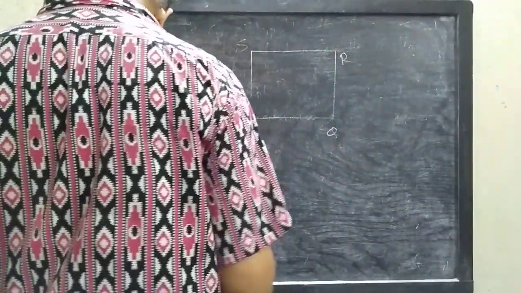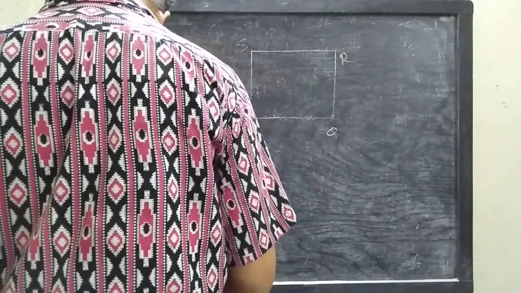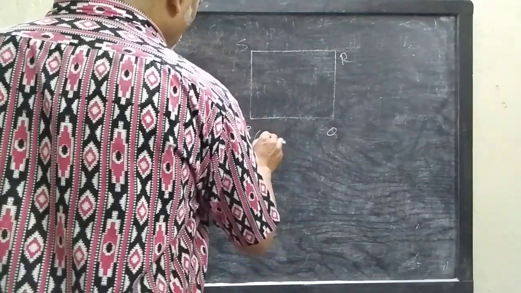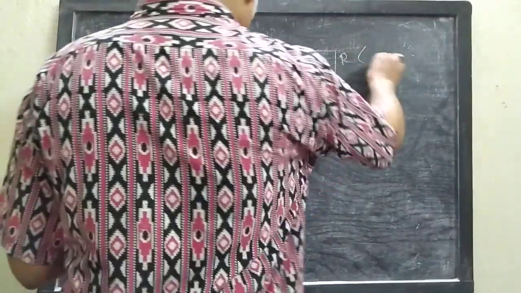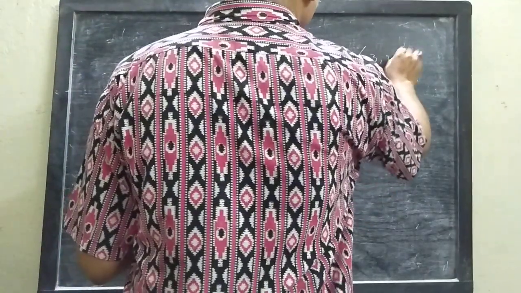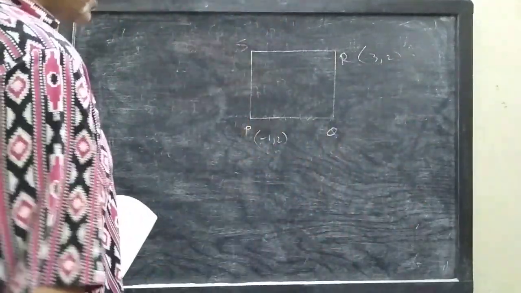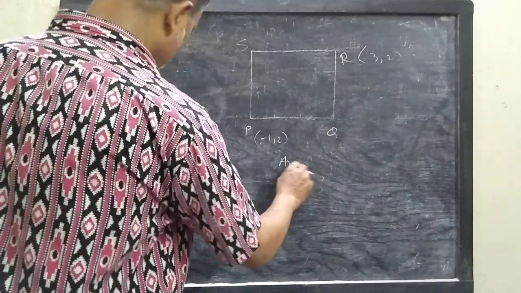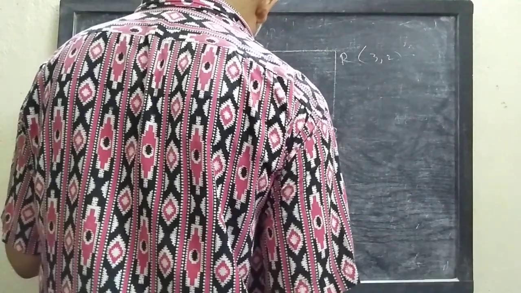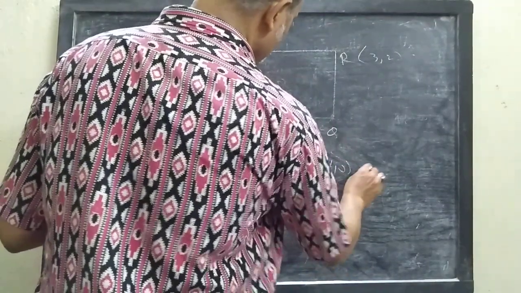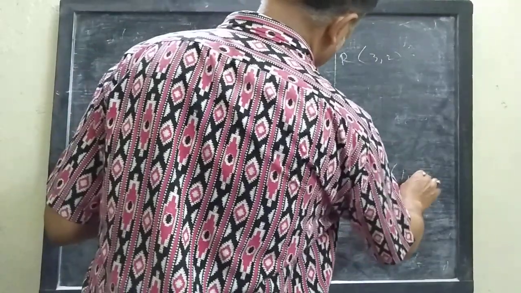You are given two opposite vertices, P is say minus 1, 2, and R is say 3, 2. And you are asked to find the coordinates of the points Q and S. Your answers will be 1, 0 and 1, 4.